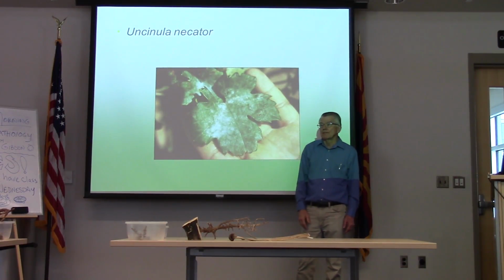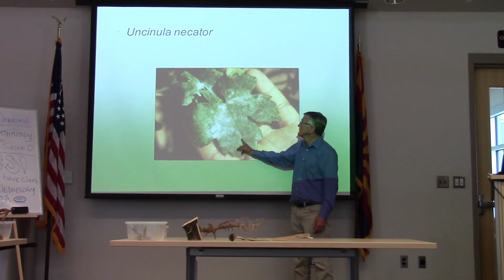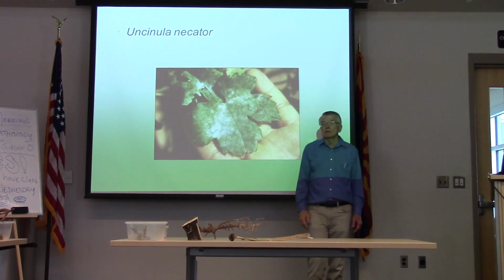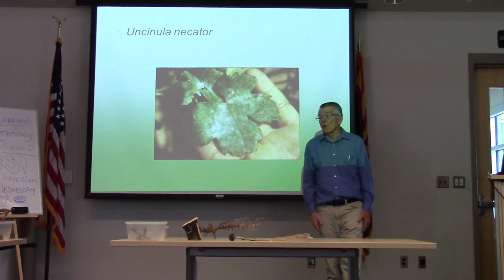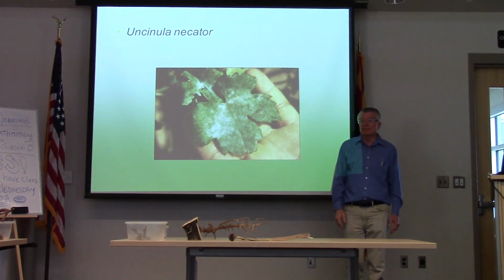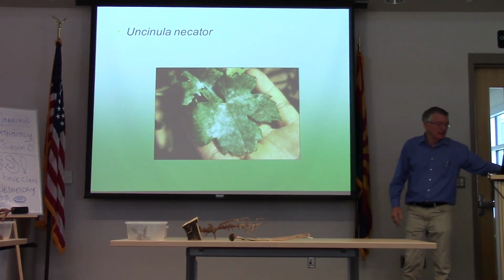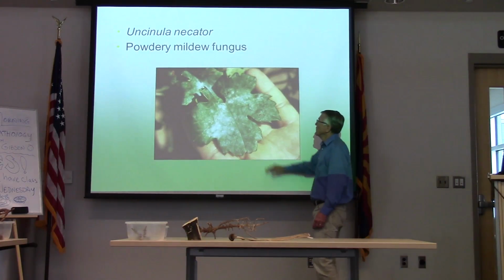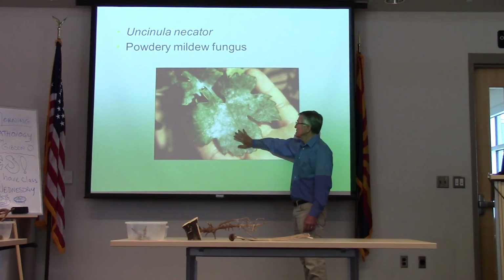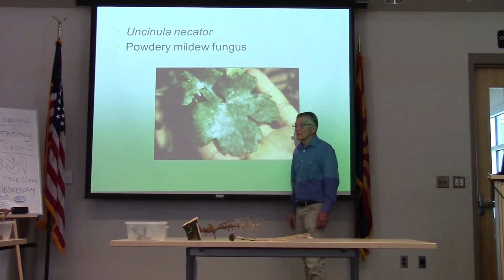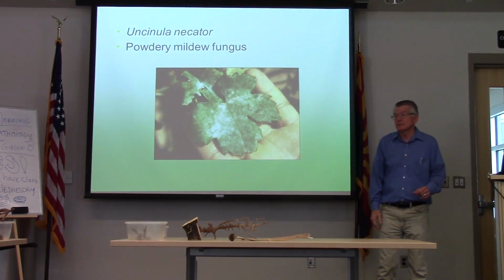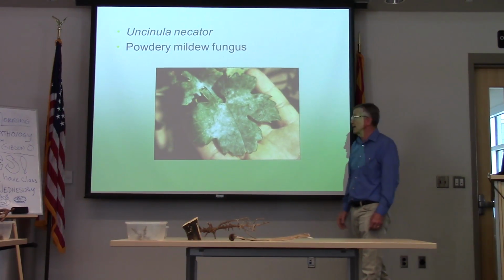This is a grape leaf. I can wipe this off with my fingers, but it will regrow from what's left down inside the tissue. So this is powdery mildew fungus on a grape leaf. It also grows on a number of other different types of plants. Very common in the spring.